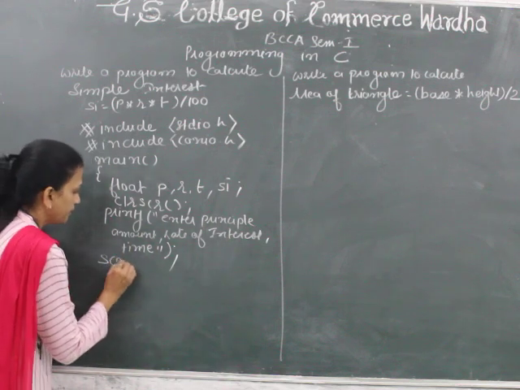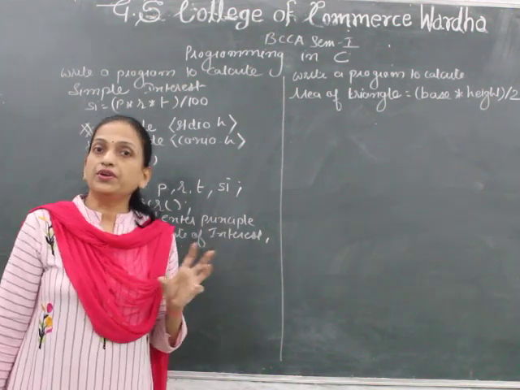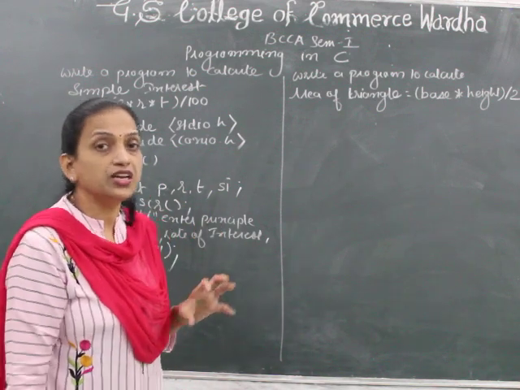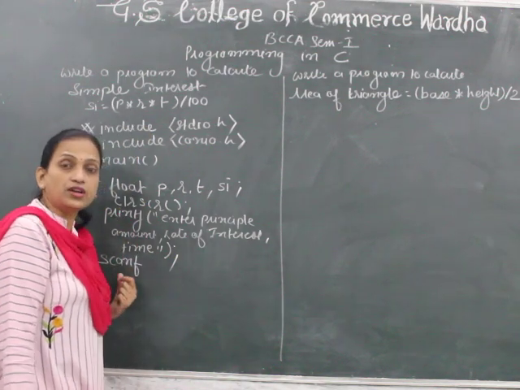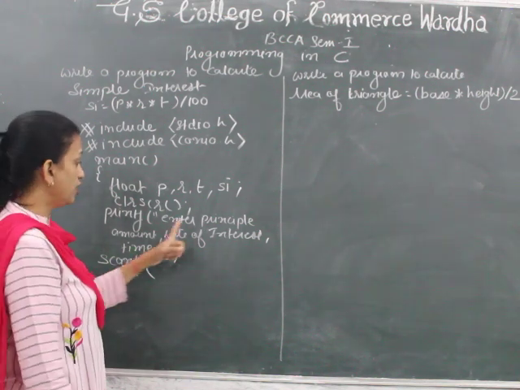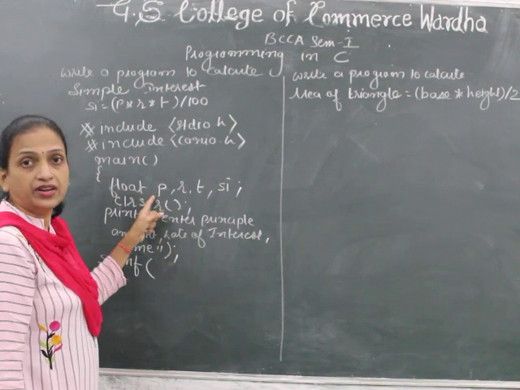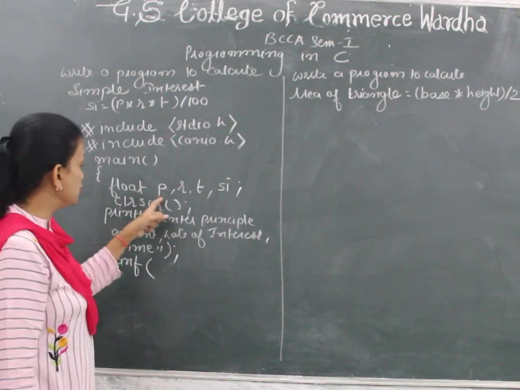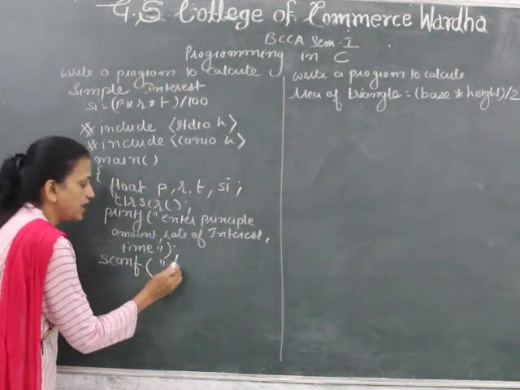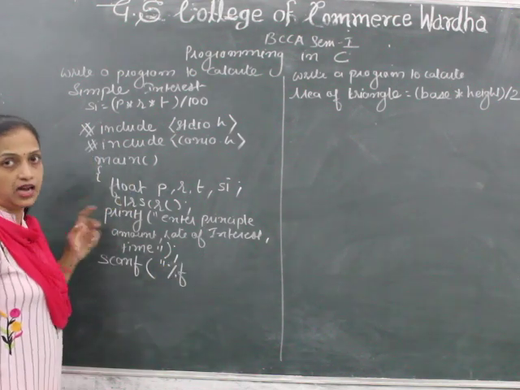When the user inputs these values, the compiler of your program has to read all these values, and to read the values we are using the scanf function. For the principal amount we declared variable P, which is of float type, so to take a float value in scanf we use %f. We learned all these things in our earlier lecture.